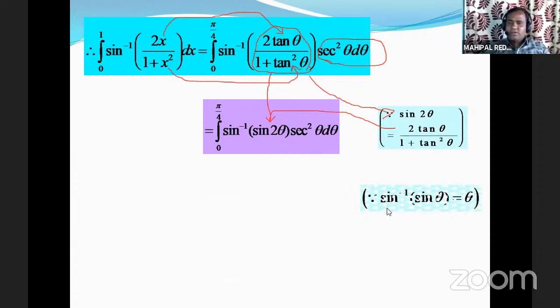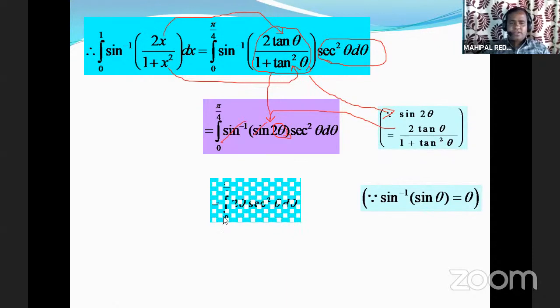Again, we know the inverse trigonometry formula: sine inverse of sine theta is theta only. So what is the value now? Sine inverse of sine 2 theta is 2 theta only, because instead of the theta variable, here 2 theta is there.